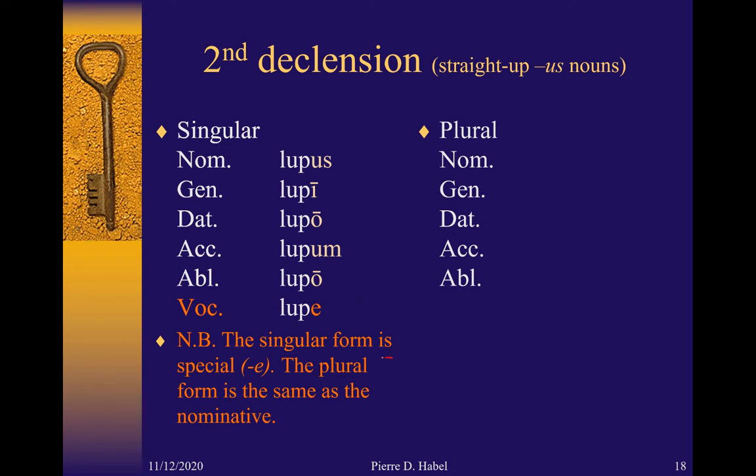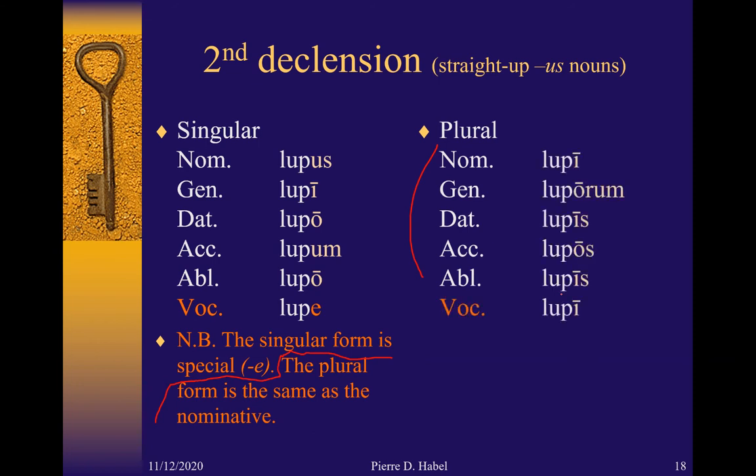There's a note here, though. The plural form, when we get to the vocative plural form, is going to be the same as the nominative. You remember the nominative plural? Maybe test yourself on those forms with me. The forms that we see up here: lupi, luporum, lupis, lupos, lupis.